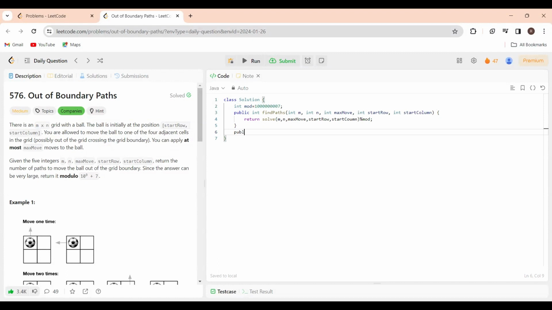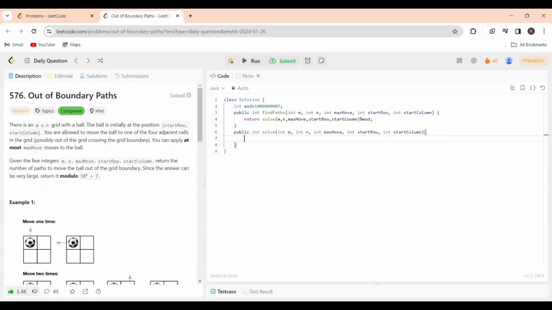So we'll call this function, int solve, and int comma int, and let us copy the above thing only. Let us copy those, right?